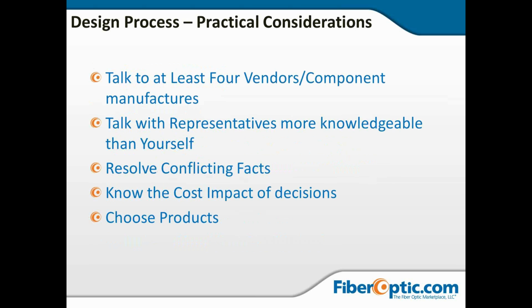Talk to at least 4 vendors and component manufacturers. Don't go to the first guy who sells you some beautiful story, sends some really attractive salesperson to you, and you end up buying the first thing that anybody talks about, and then you find out from 3 other people later that that's probably not the best course of action, or it's experimental and you've just become a test subject. So ask around.